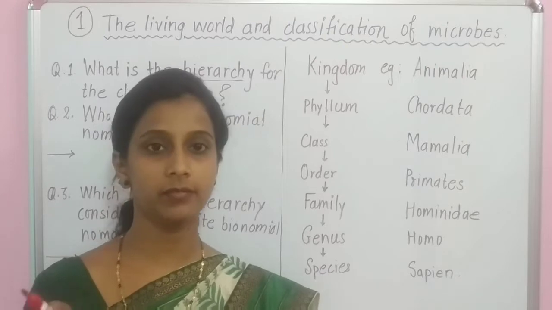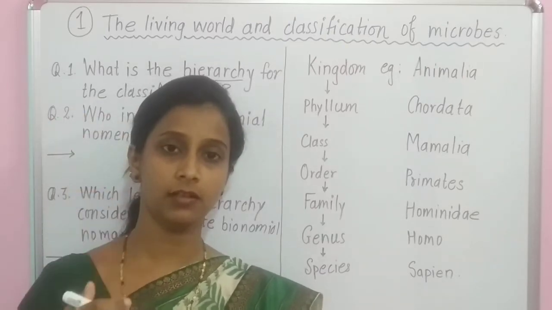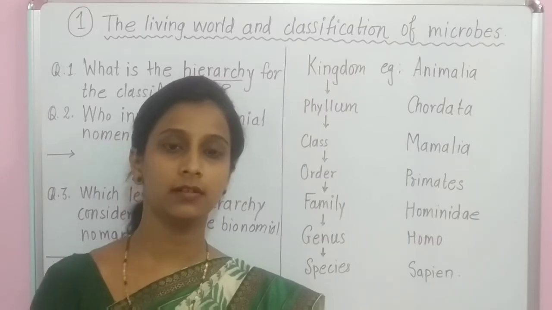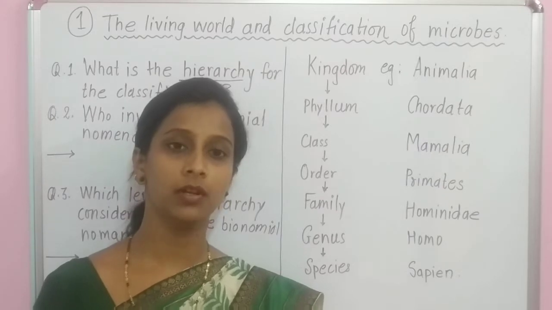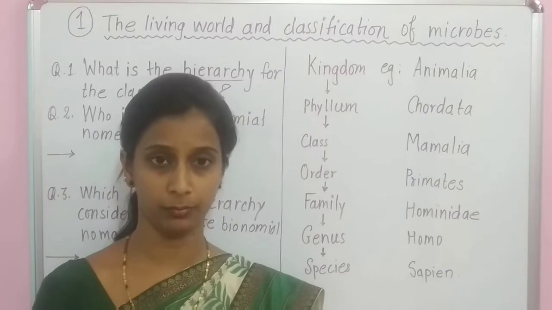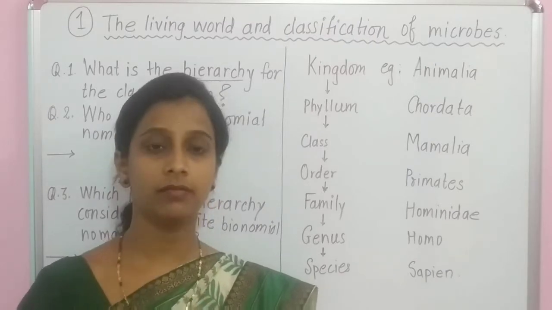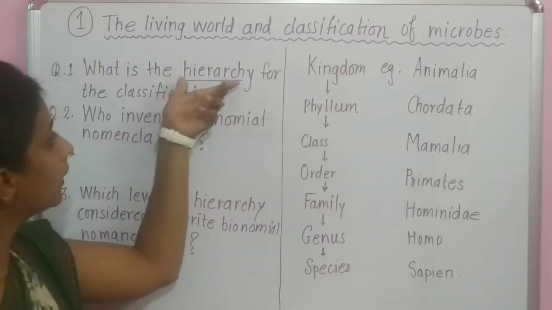All the living organisms are living on the earth. So first comes earth, then continent Asia, then country India, state Maharashtra, district Kolhapur, city Kolhapur, and the specific area of Kolhapur. Such a method of identification of anything is known as hierarchy.